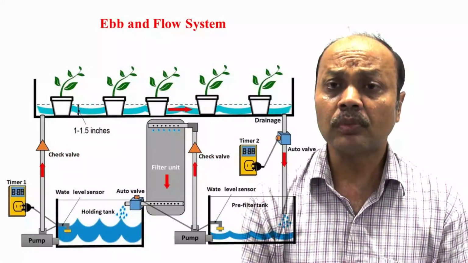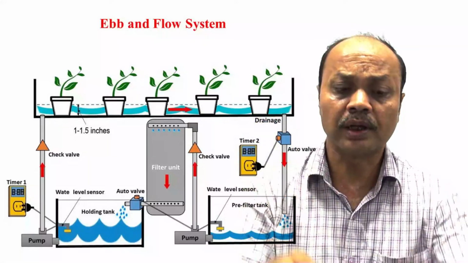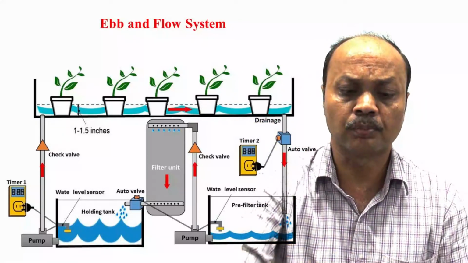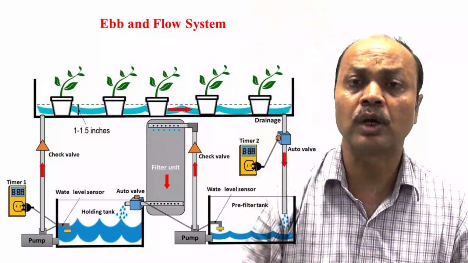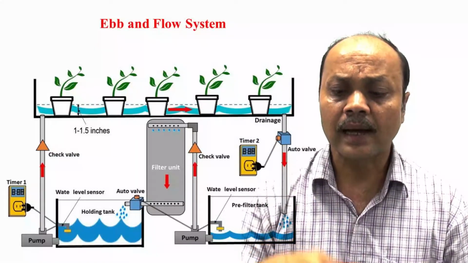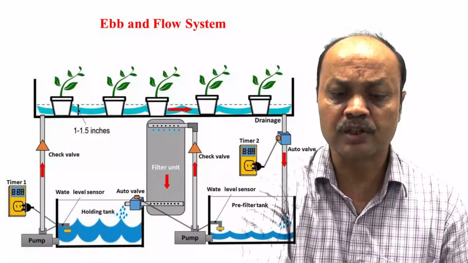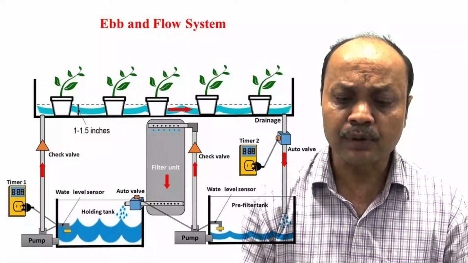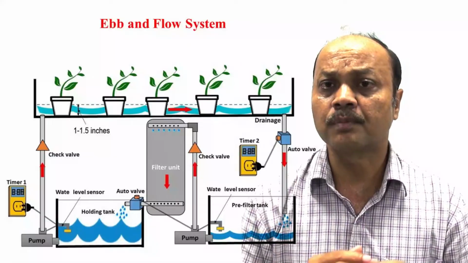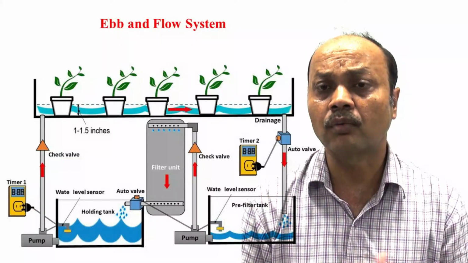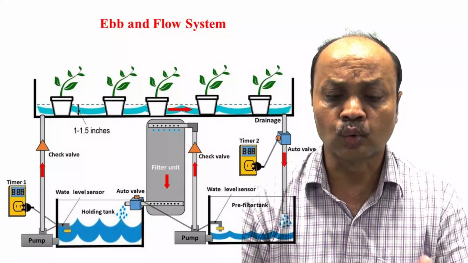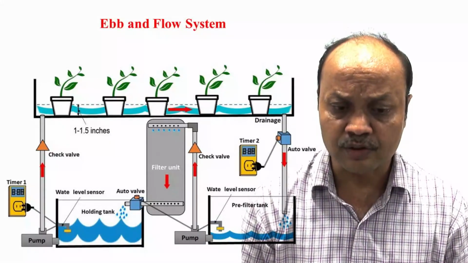There is a hole in the pot below, water passes through this table, and due to capillary movement the pot takes the water. After some time it drains the water out from this table. And you can apply fertilizer also, so here you can apply water and fertilizer.